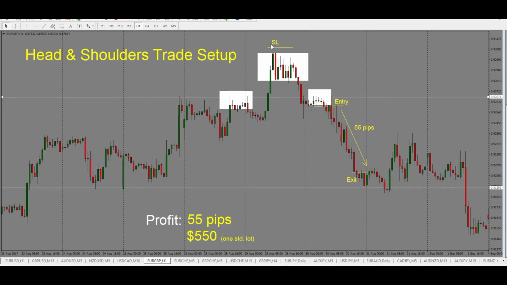Our stop goes above the head here, and we wait for price to come to the next support or resistance level, or we just take a one-to-one risk to reward ratio. So in this example here, we have between entry and exit 55 pips in the trade, so our profit is 55 pips or $550 if trading one standard lot.